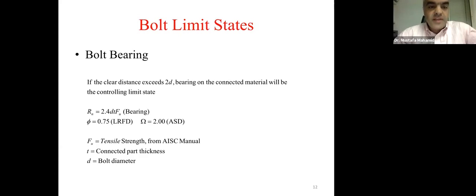Now, in general, if the clear distance exceeds 2 times the diameter, bearing on the connected material will be controlling the design. Typically, to avoid tear out failure, we'll increase the spacing between the bolt holes.